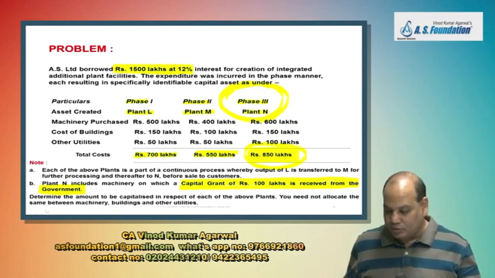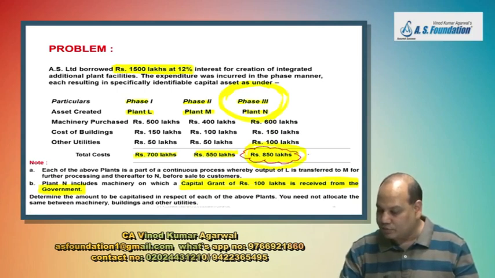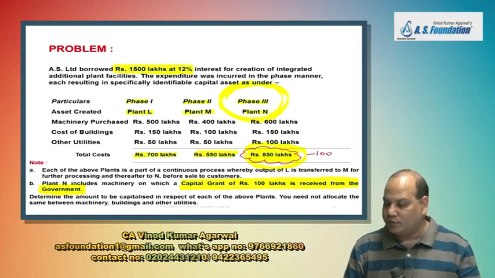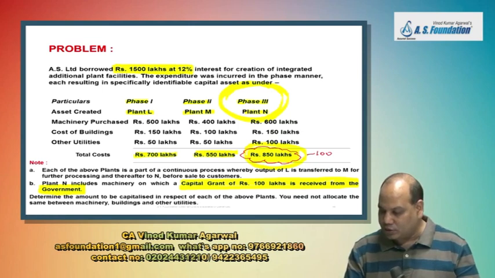Now this one adjustment will keep in mind. If an asset is financed either out of advance money received or out of government grant related to that asset, for the purpose of applying the borrowing cost, we will reduce to the extent it is financed either out of advance money from the customer or out of the grant received with respect to that asset. So while doing the analysis or doing the allocation, the ratio will be 700 is to 550 is to 750.